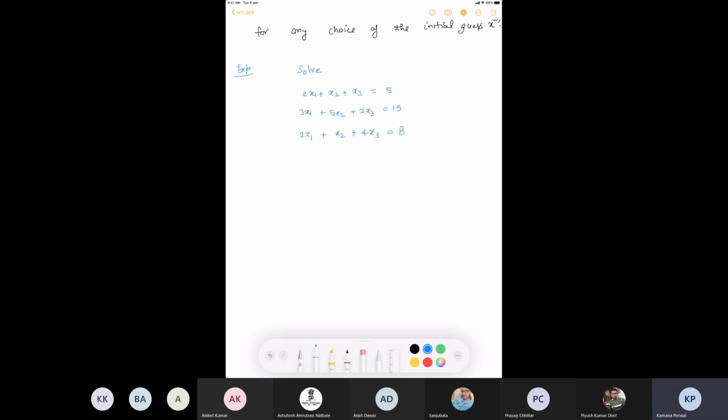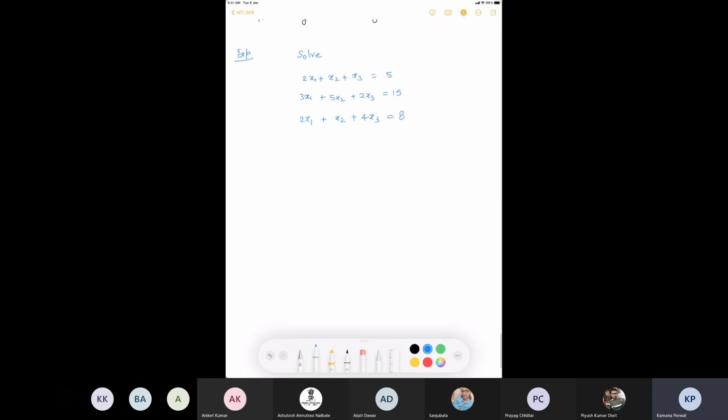For understanding purposes, a 3 by 3 system suffices. We are going to solve it using the Gauss-Jacobi method.